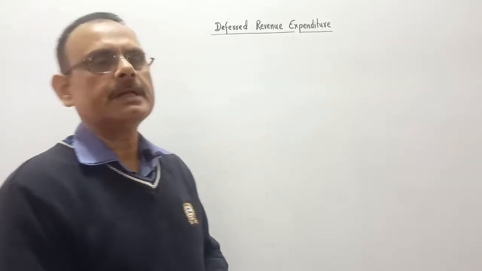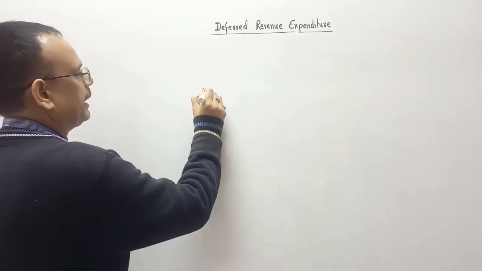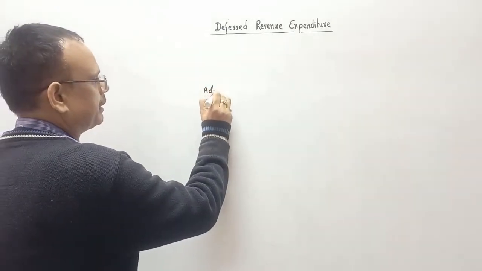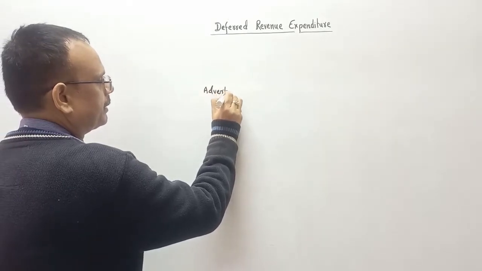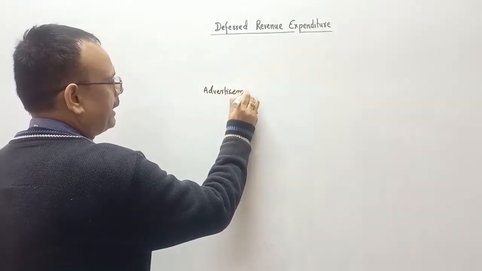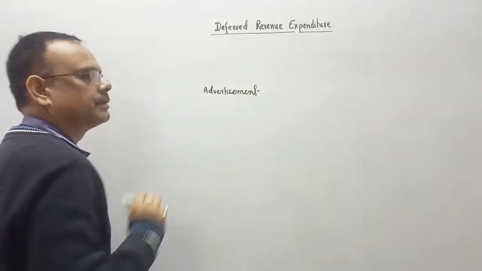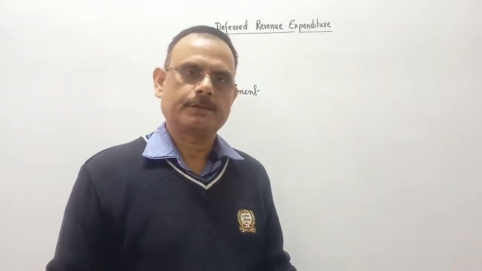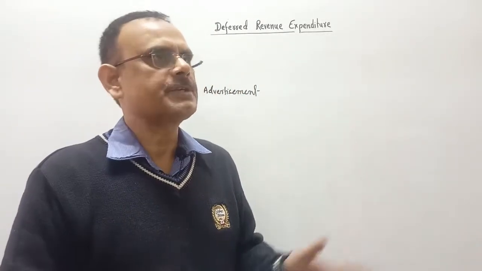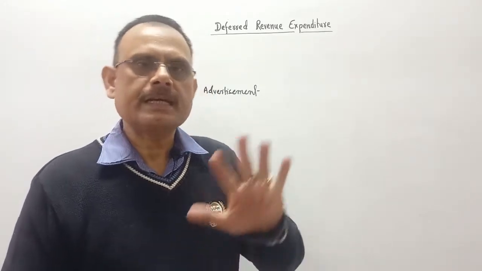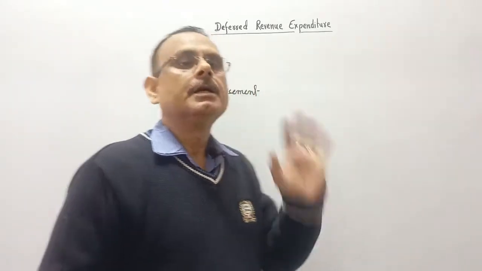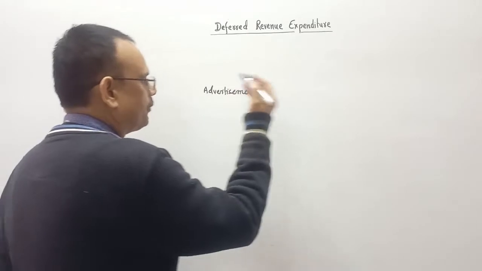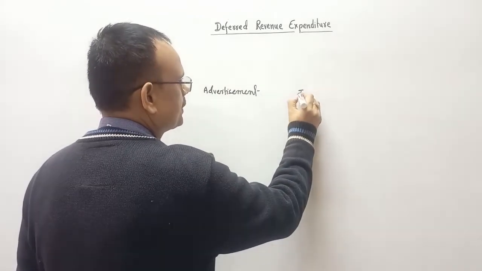For an example, advertisement. Advertisement is a revenue expenditure. Okay, if no information is given, then advertisement is a revenue expenditure. Suppose the advertisement is rupees 2 lakhs.